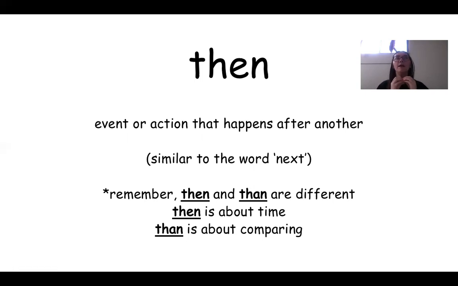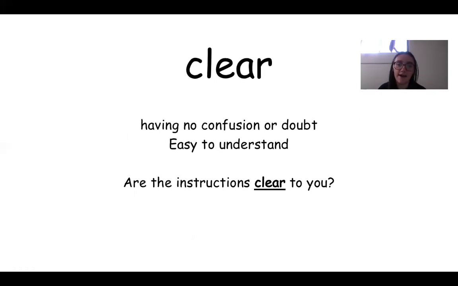So you would say, I like soda more than coffee. I like the color blue more than the color green. So than is comparing two things with an A. So think A, two things comparing. Then is sequence, it's time. So I just wanted to point that out.